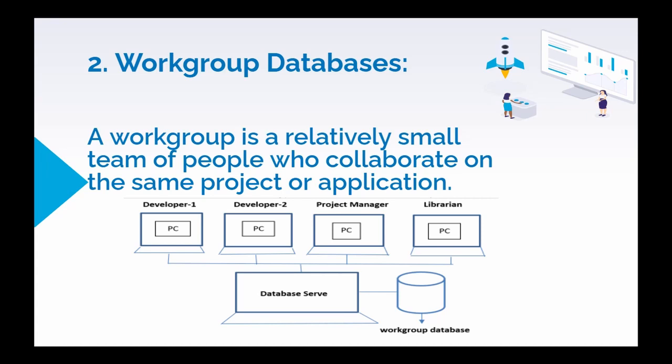For the second one, we have the work group databases. This method of sharing the data in the database is shown in the figure. Each member of the work group has a desktop computer, and they are linked by means of a local area network, or LAN.